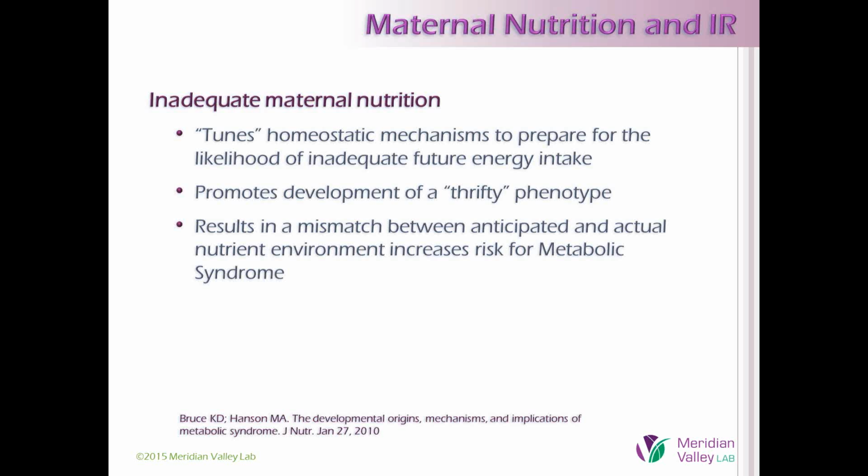And so basically you have a child being genetically programmed to expect to be in an environment of scarcity. But of course, we don't really have in the Western world an environment of scarcity. We have an environment of plenty for the most part, and that results in a mismatch between the child's genetic expression or their phenotype and their environment.